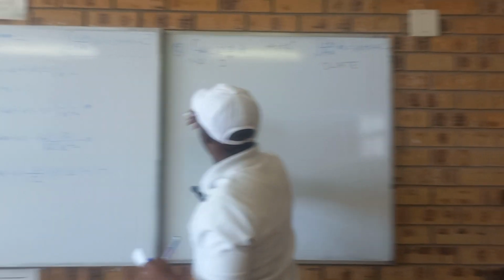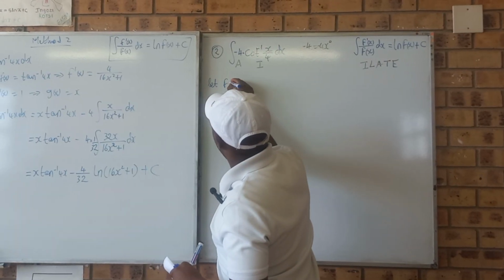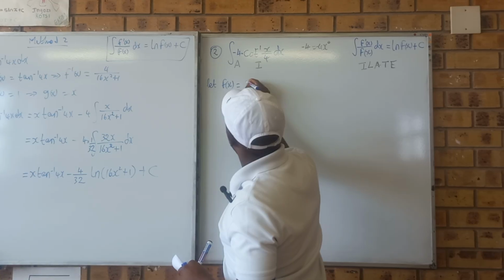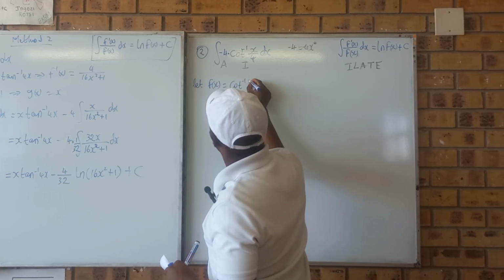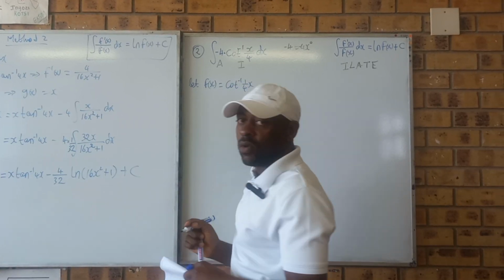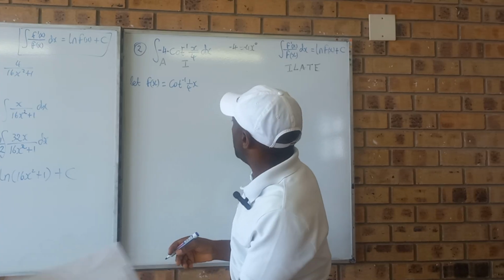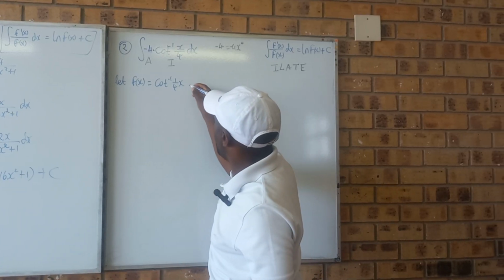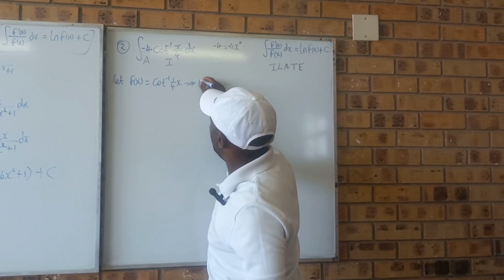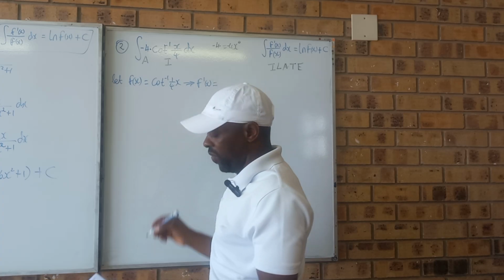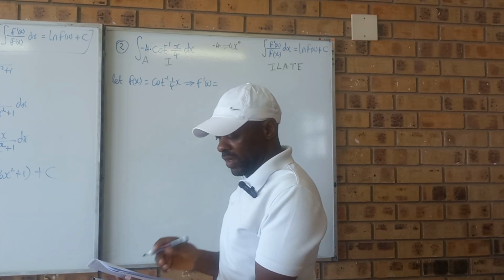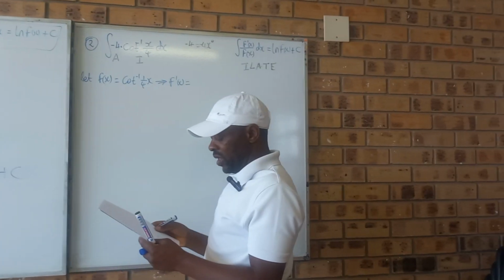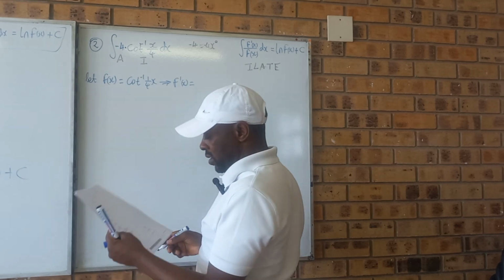So we're going to say let our f of x be equal to arccot 1 over 4x. I prefer to call it 1 over 4x, so that my 1 over 4 should be in the position of a. Then what is the derivative? I will go to page 3 of my N6 formula sheet and see how to integrate arccot.